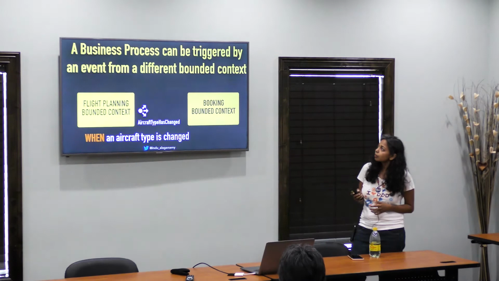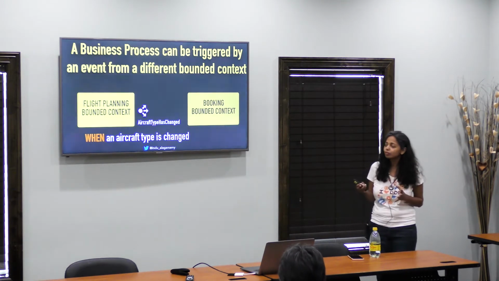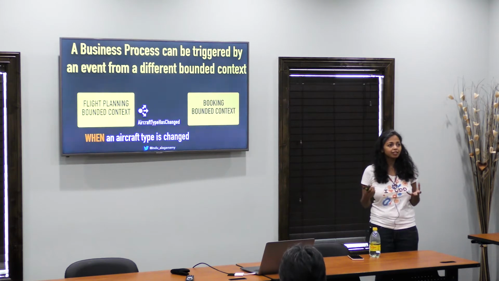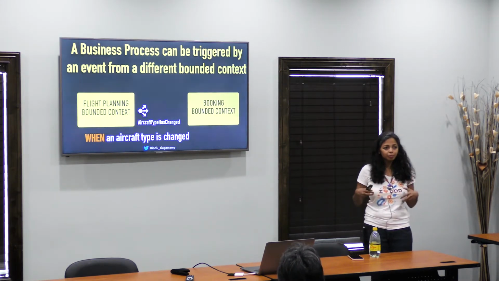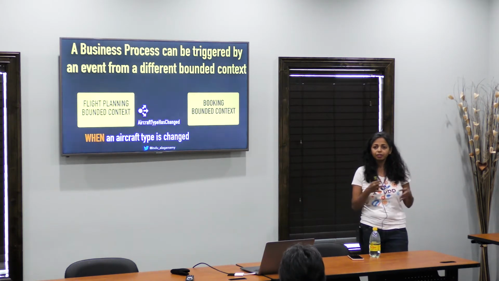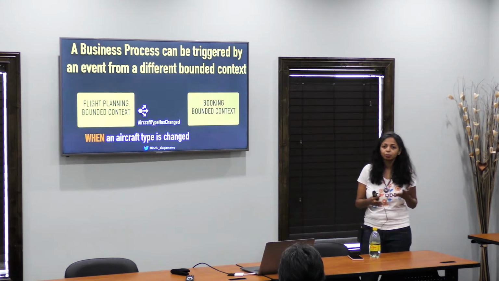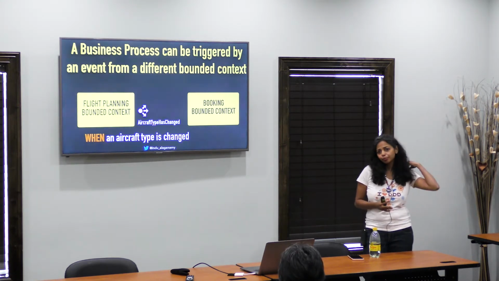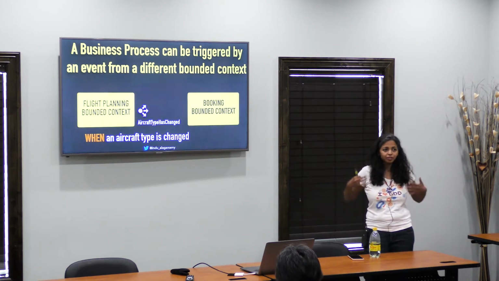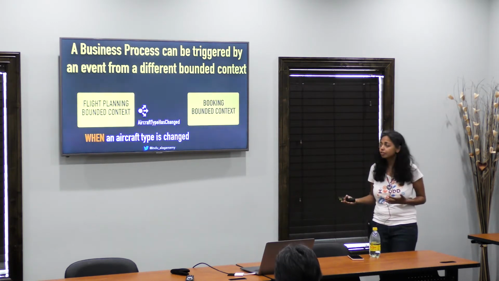So in this example, you have something I'm going to call a flight planning context that knows about flight scheduling and stuff. So it can publish an event saying, hey, we're no longer going to use this, or we're moving from the Boeing 787 to the 777. So when that happens, it publishes an event: aircraft type has changed.